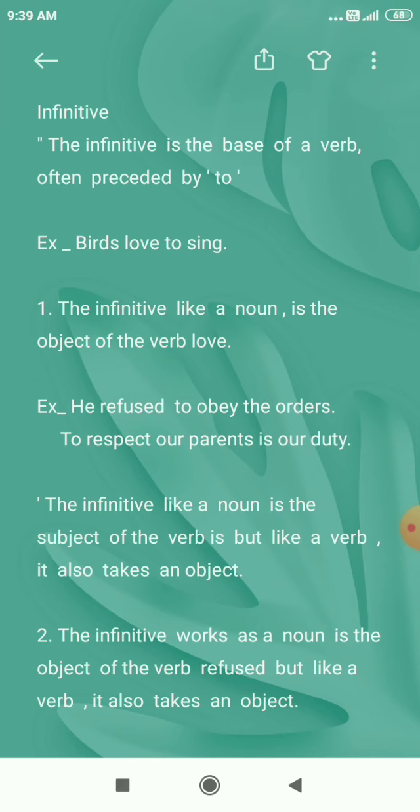Here refused is the verb, and after the verb the infinitive comes, so it works as the object of the verb. But like a verb, it also takes an object.